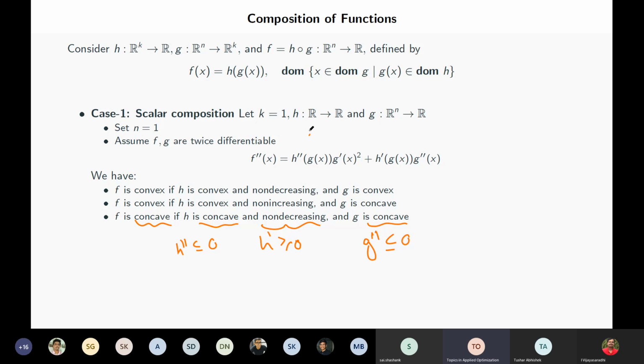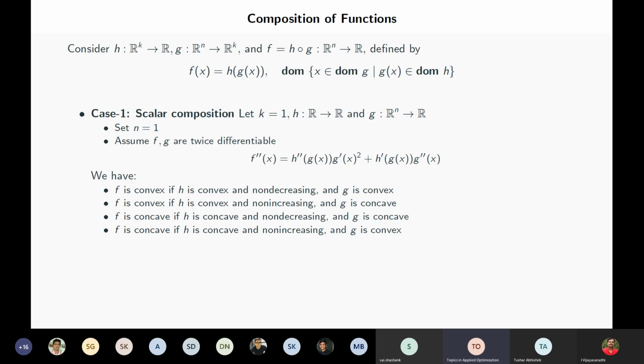We plug in here: one term is less than or equal to 0, one is greater than or equal to 0. So overall this is less than or equal to 0, and this is also less than or equal to 0. So this will imply again that f is concave. So these are criteria. So you see what is going on now, right?